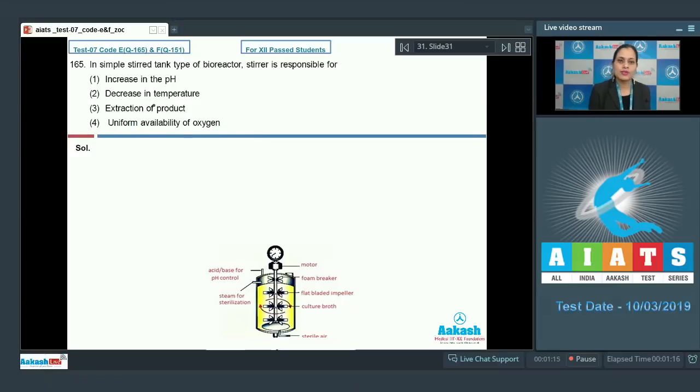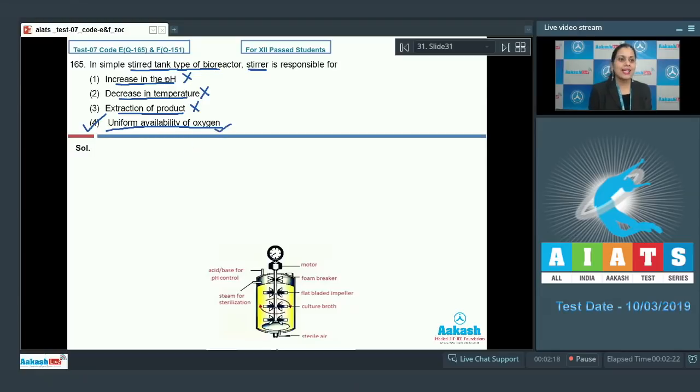The correct answer to this question is option number 4, uniform availability of oxygen, because a stirrer or agitator facilitates uniform availability of nutrients and oxygen in the bioreactor, whereas the other 3 options, increase in the pH, decrease in temperature, and extraction of product, are incorrect. This simple stirred type of bioreactor has a separate agitator system to facilitate uniform availability of oxygen.